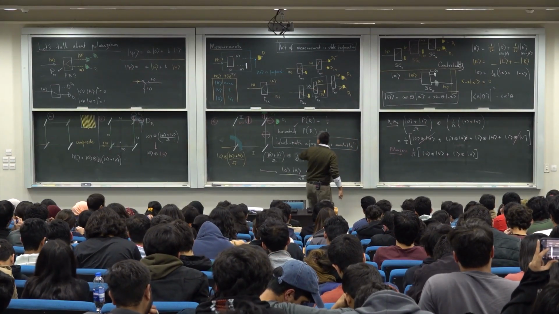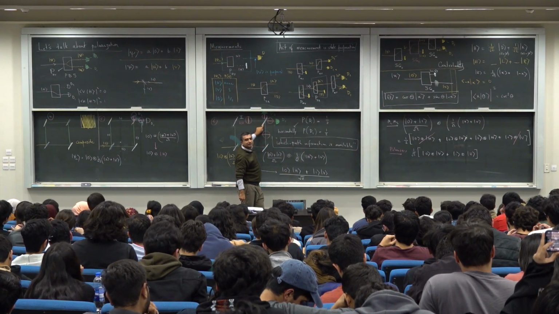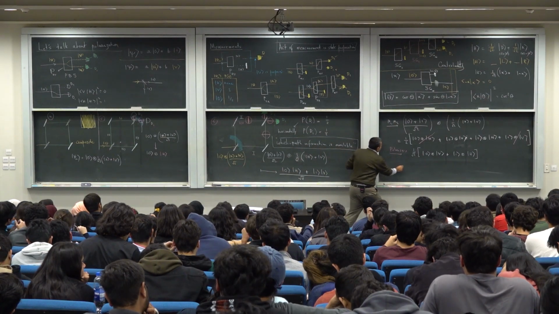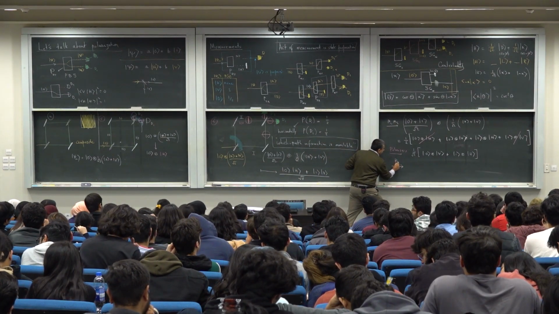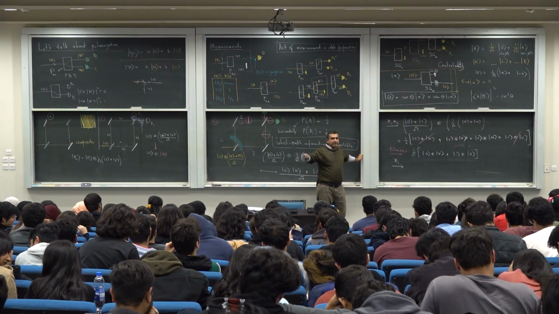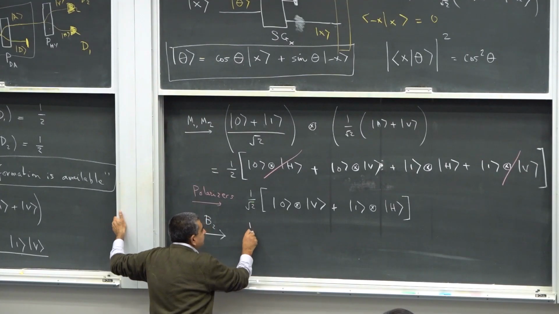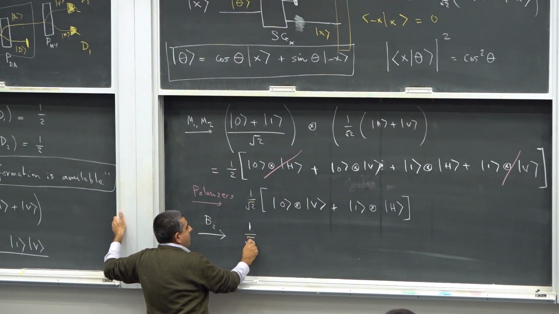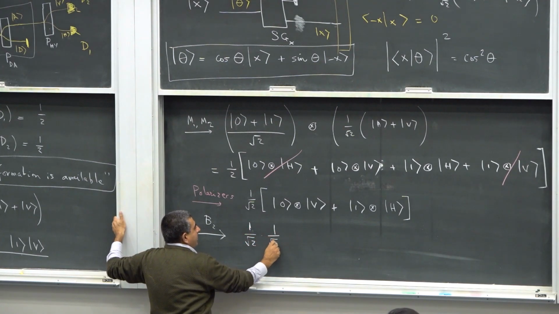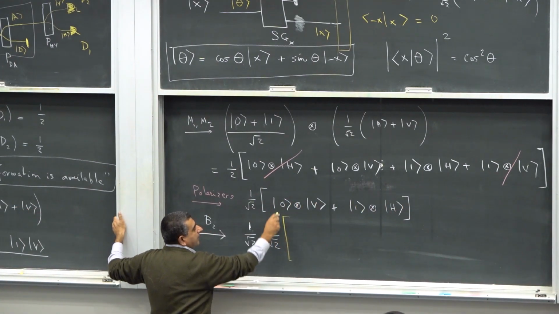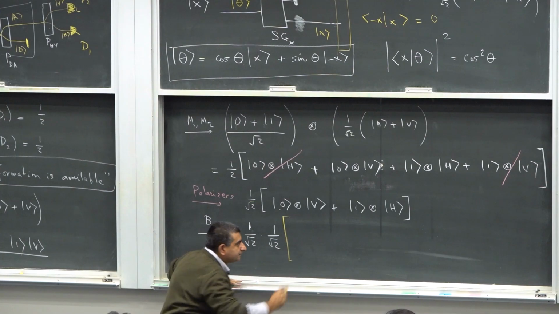So what happens at the second beam splitter? Let's see what happens at the second beam splitter. Please be patient. Let's finish this off. What happens to ket 0?